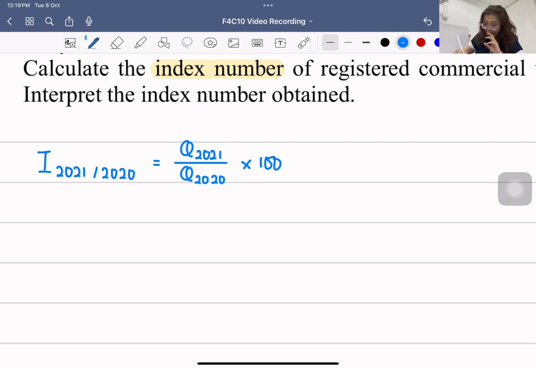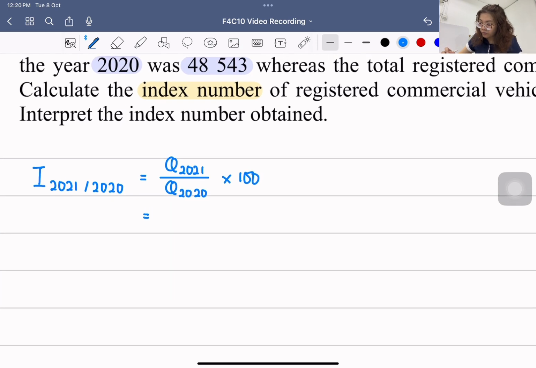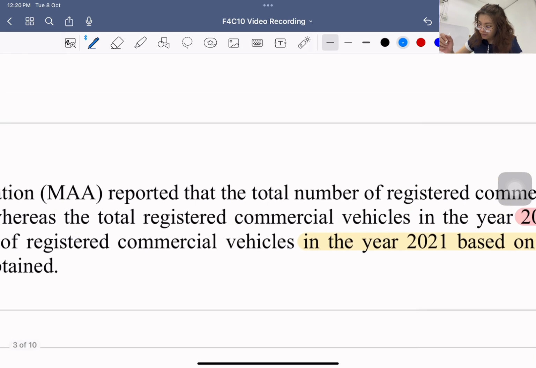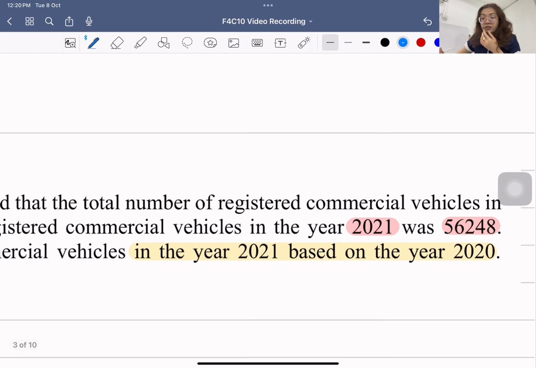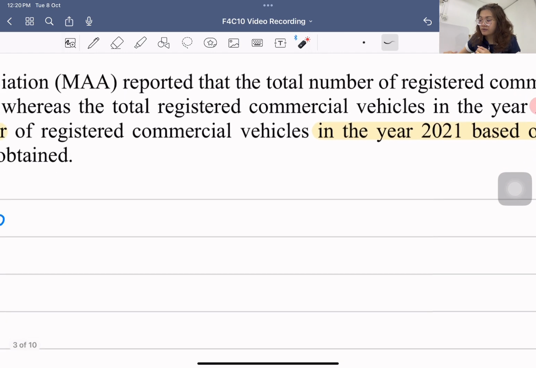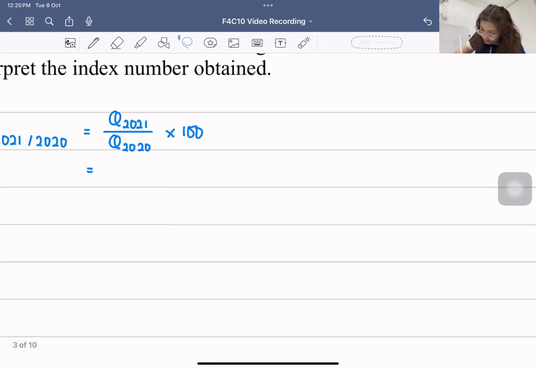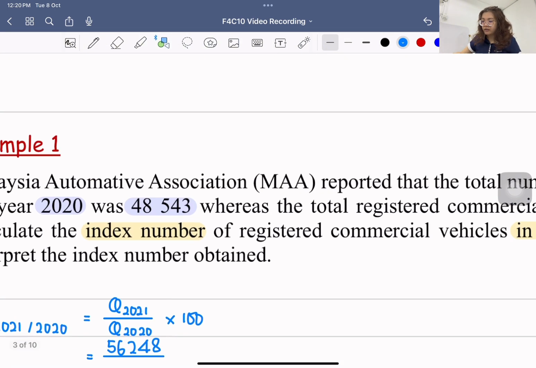Okay, let's look again. The number in 2021 will be 56,248, over the number of vehicles in 2020, which is 48,543.